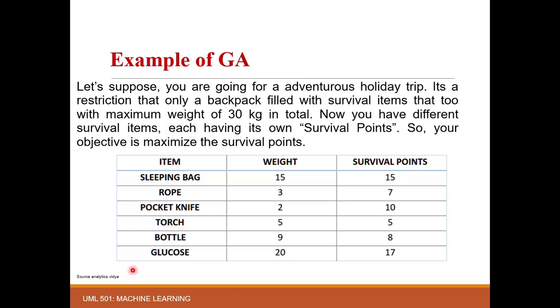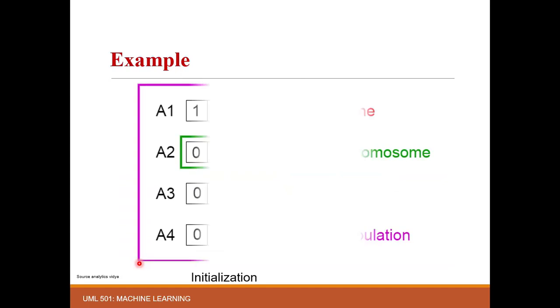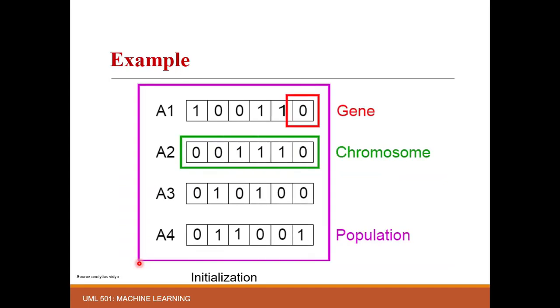Similarly, for glucose biscuits, if the corresponding gene in the chromosome is 0, then you have not taken the glucose biscuits with you, and if it is 1, then you have taken them. So these are your initial population, the complete string of 0s and 1s corresponds to your entire chromosome, and a single gene represents whether you have taken that item or not. Here we are using a binary representation of my individuals.